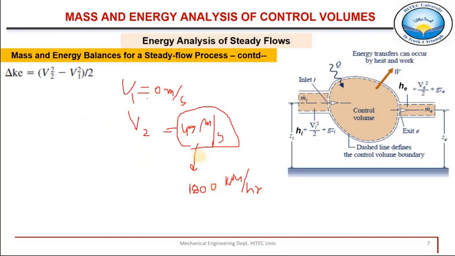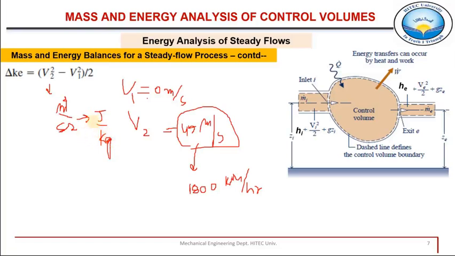So now if you just put here 45 square minus 0, divided by 2, then what will be the units? It will be meter square divided by second square, and that is equal to joules per kilogram, which we have already discussed a number of times in previous chapters.